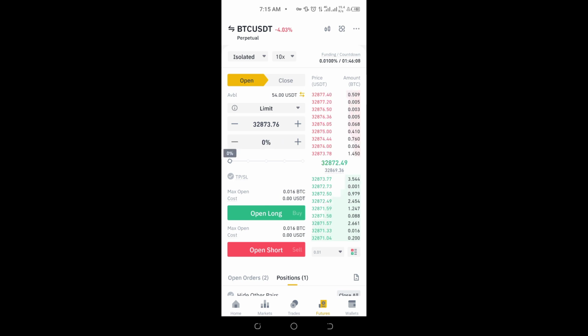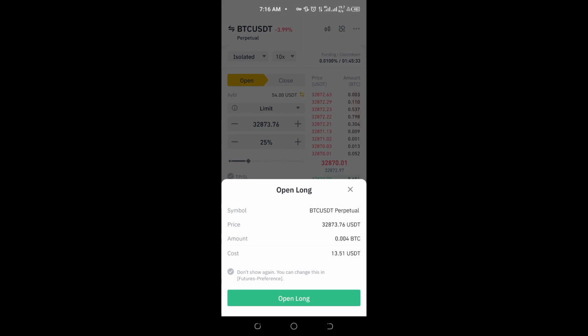So let's say we are trading 25% of what we currently have. 25%. Okay, so the market price is 32,872, whereas our limit price is 32,873. So you take buy.